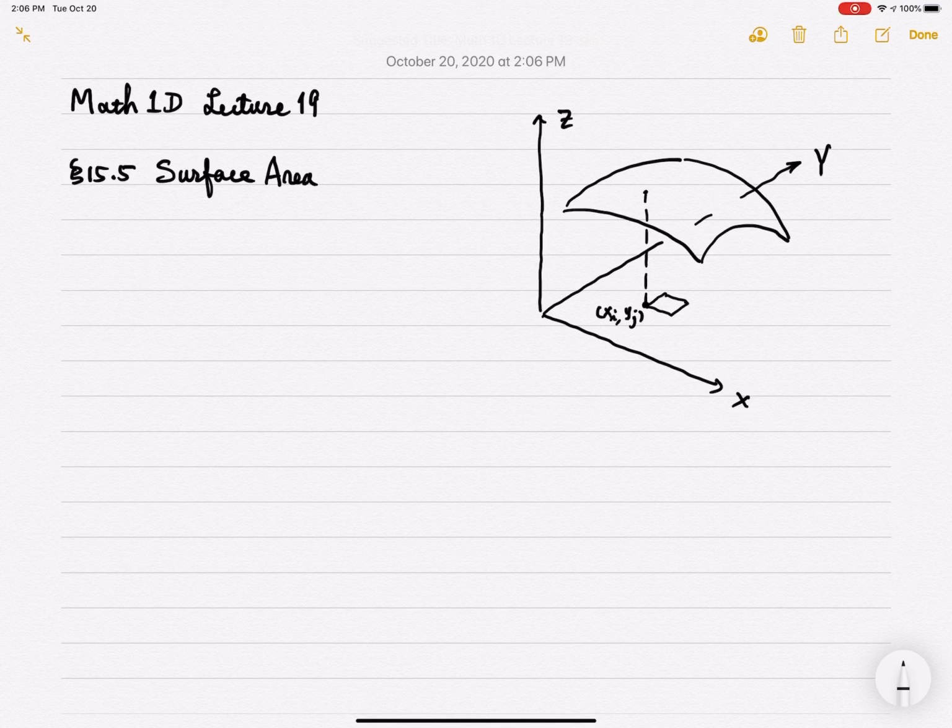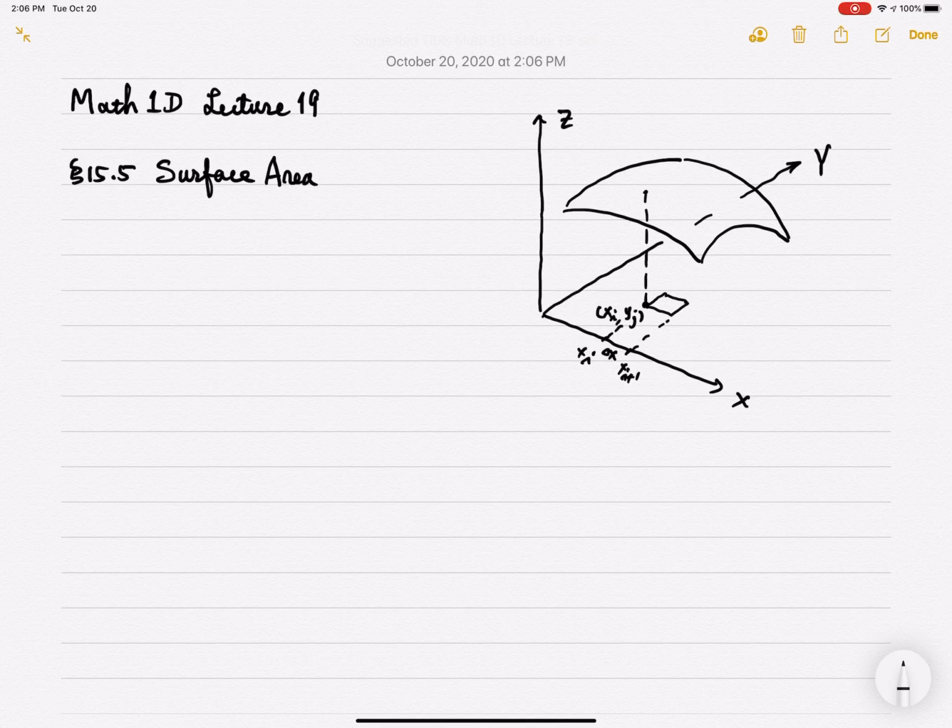Suppose this is the xi, and of course this is xi plus 1, so this is delta x.